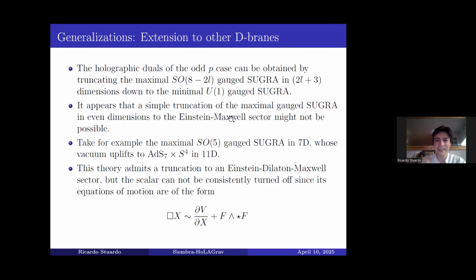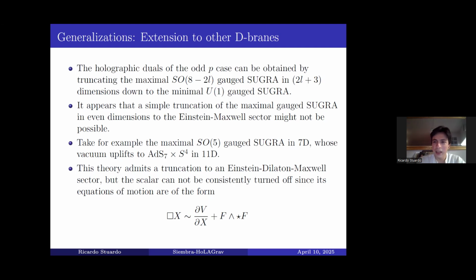You always get an extra scalar, and the point is that you cannot put this scalar consistently to 0, because of its equation of motion, which would be something like this. If you put the scalar to 0, well, the potential is in the minimum, and then this imposes that the Maxwell field should also be 0. So you cannot put this extra field to 0. So again, the gravity side is telling you, in the same way as the field theory side, that there is something weird about this, that something is not going well.